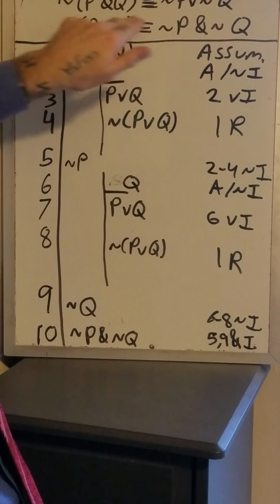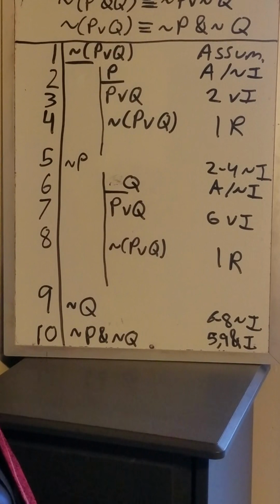So we can go ahead and do the right to left one now. And I have a feeling this one is going to be a little more of a pain. Let's take a look at it and see.